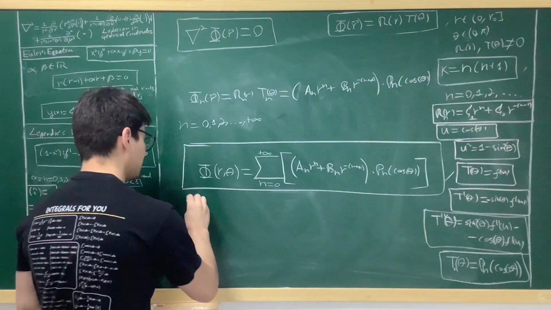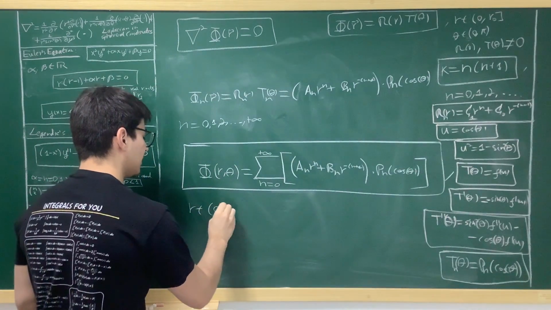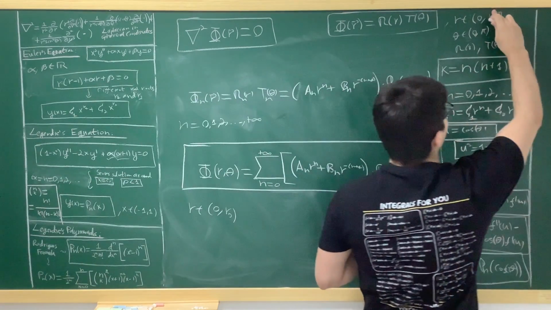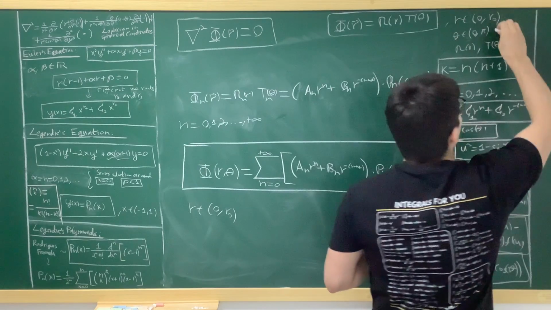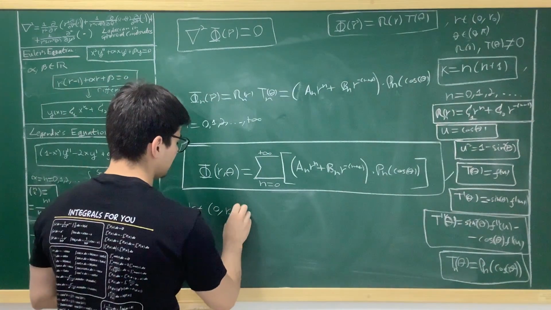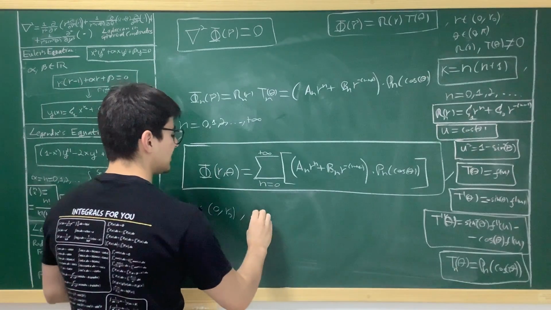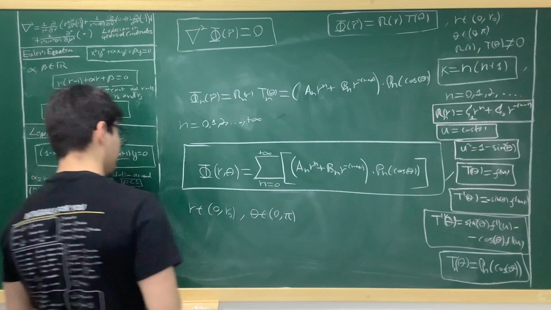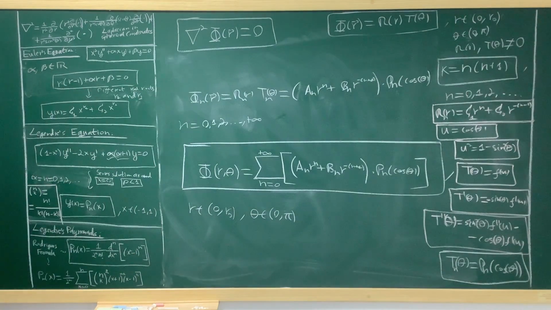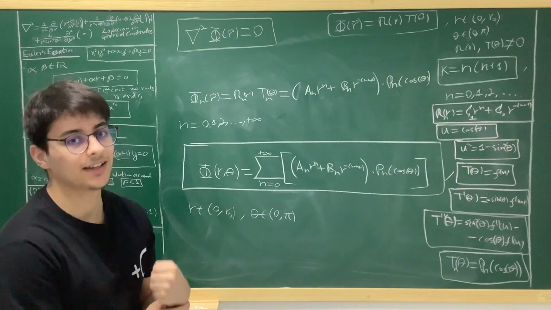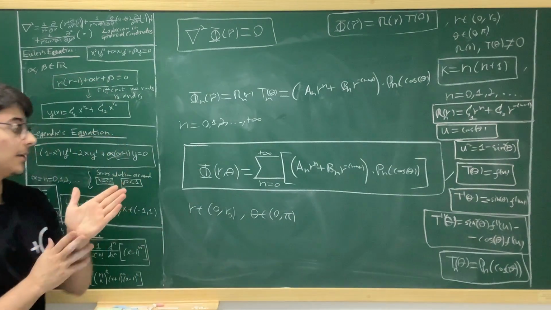Let me just write this here. Again, we're assuming that r goes from 0 to some r0. Let's just keep the open interval. It doesn't matter if we close it at r0, but let's just keep it open. And theta just goes from 0 to pi. This could be the electrostatic potential in spherical coordinates by using Laplace's equation.